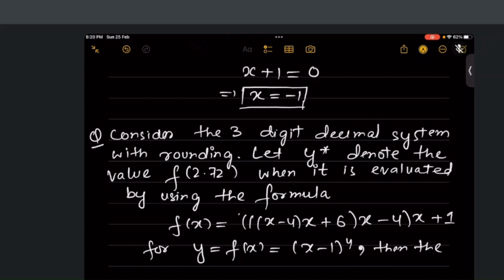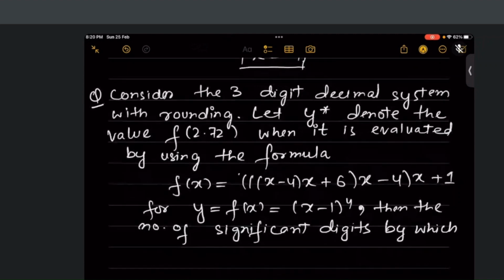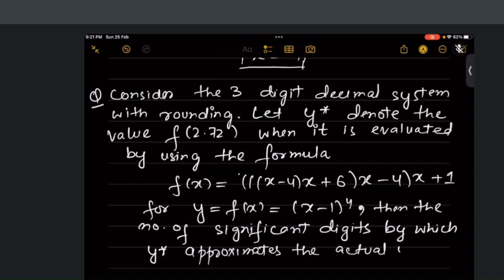Then the number of significant digits by which y star approximates the actual value y is.